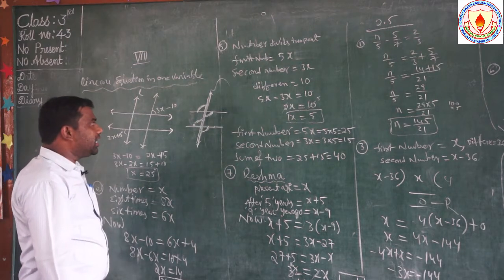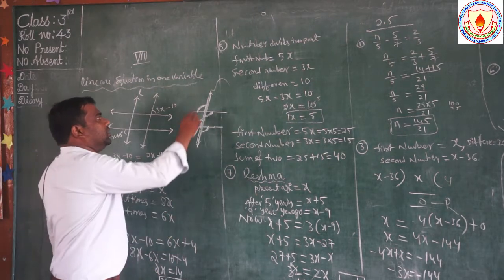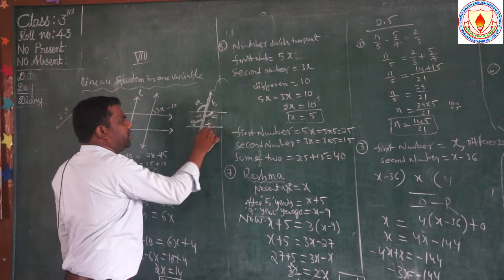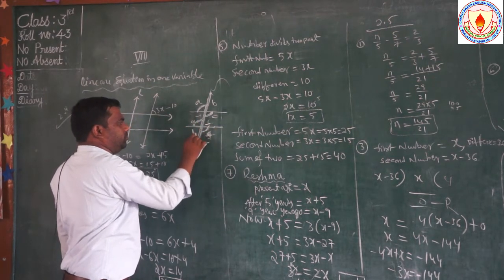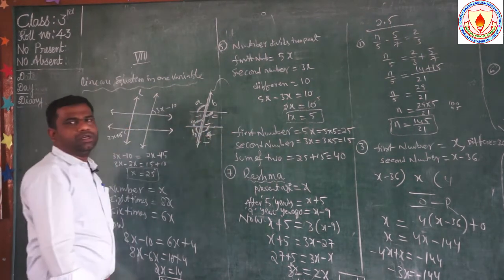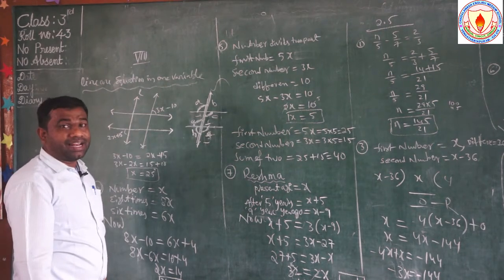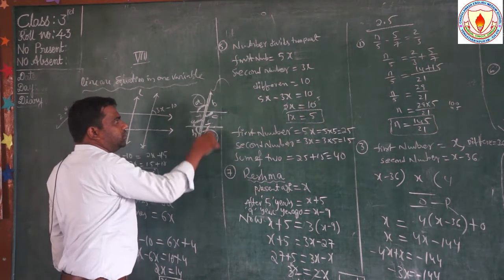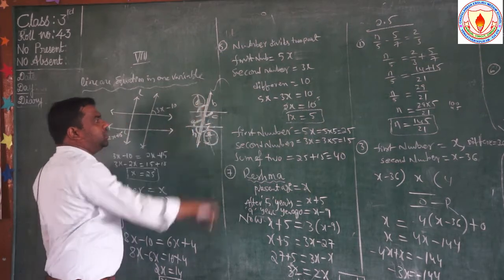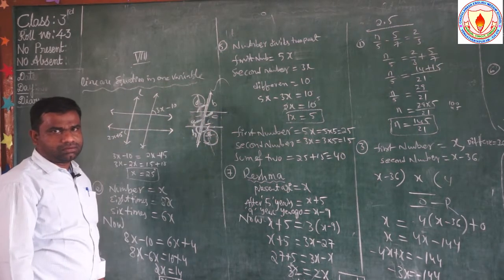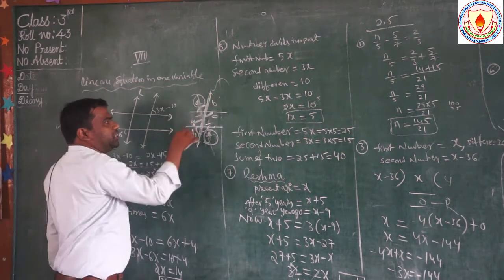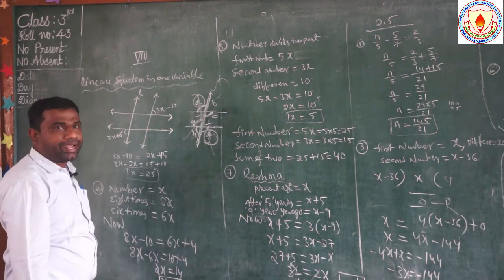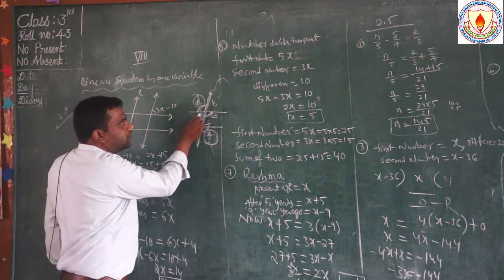Next, alternate exterior angles. A, B, C, D, E, F, G, H. Total 8 angles are there. A and G are the alternate exterior angles, and B and H are also alternate exterior angles.